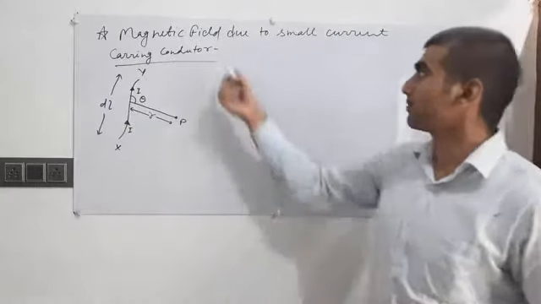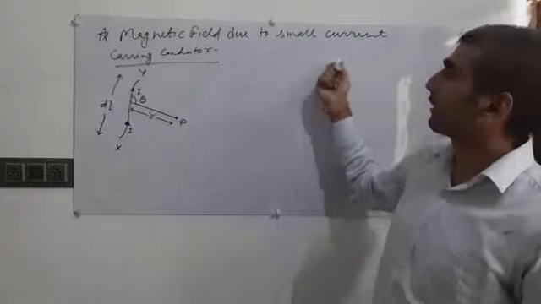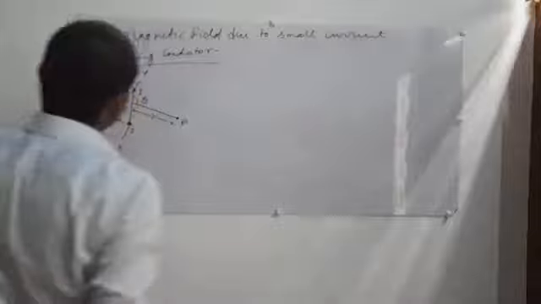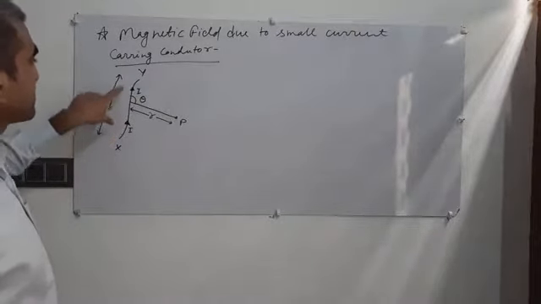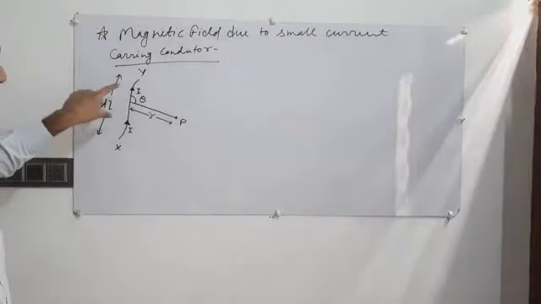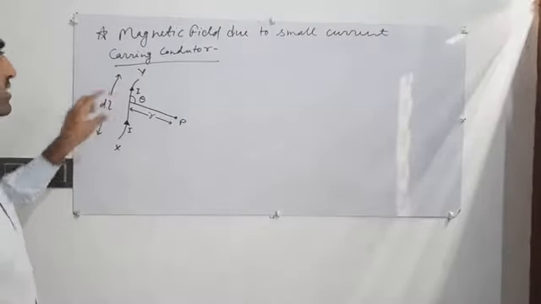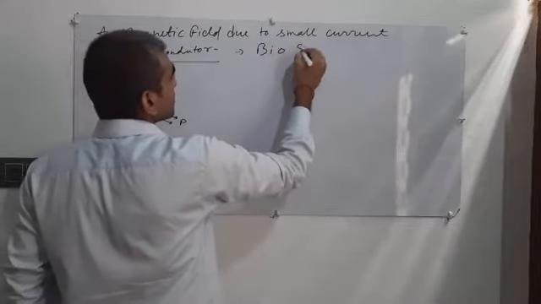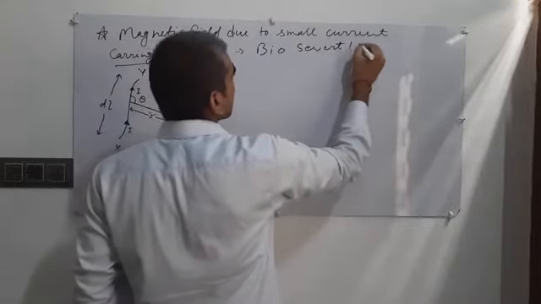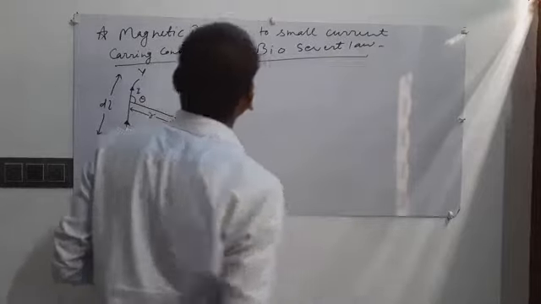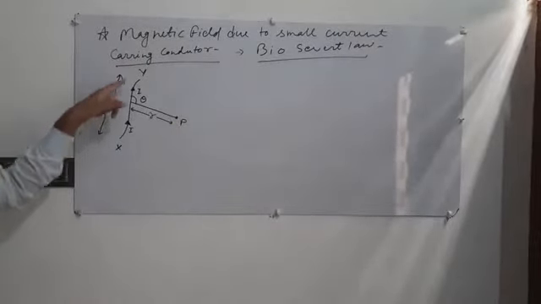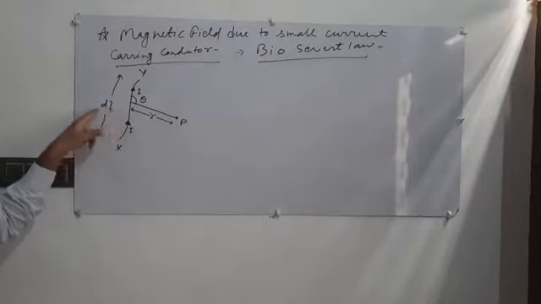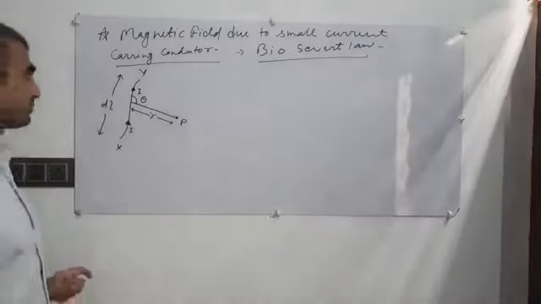Students, our next topic is magnetic field due to a small current carrying conductor. In this figure, you can see a current carrying conductor which has a length dl, that means a very small length. It is also called the Biot-Savart law. dl means very small length.